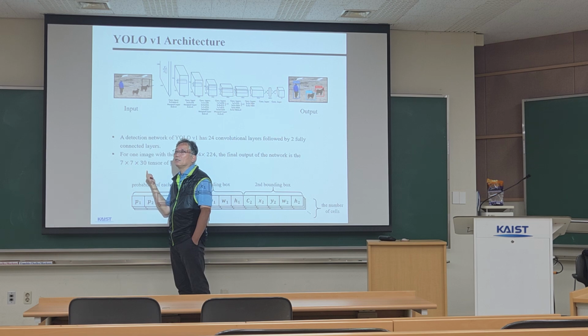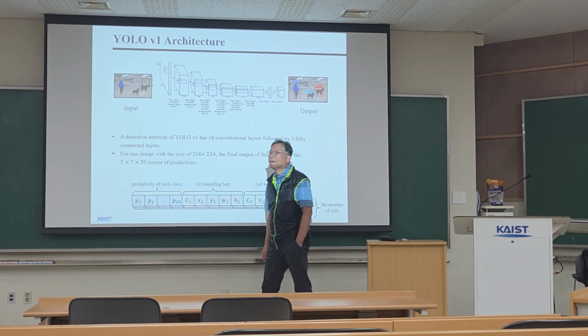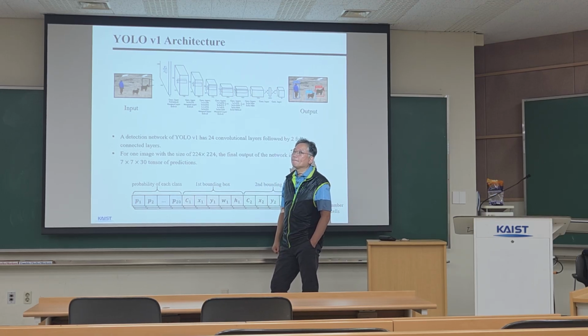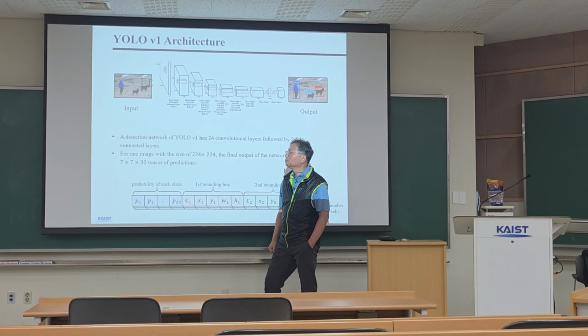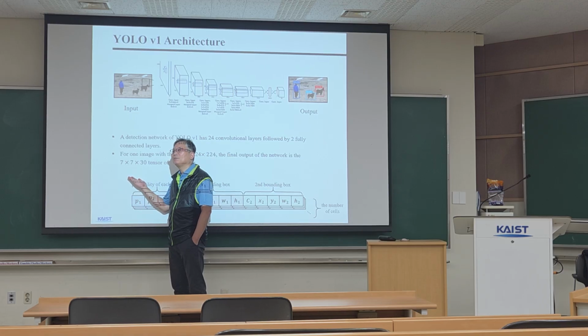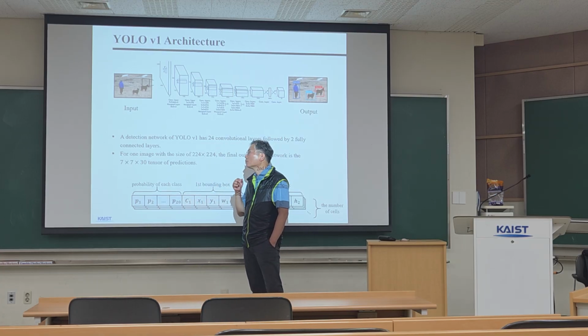What does this mean? Can someone tell me what this means? Give me a guess. It's the final dimensions of the output vector.